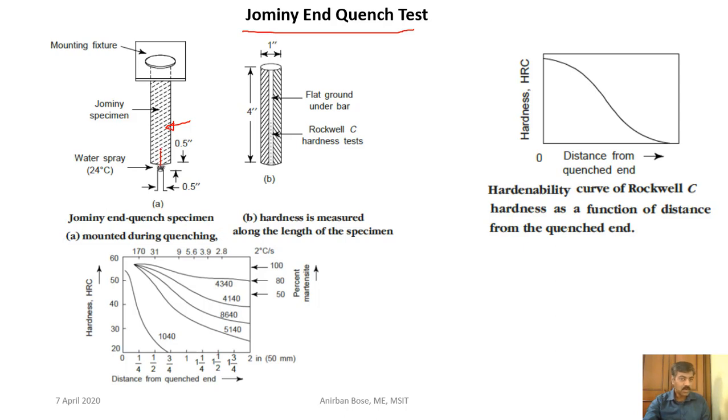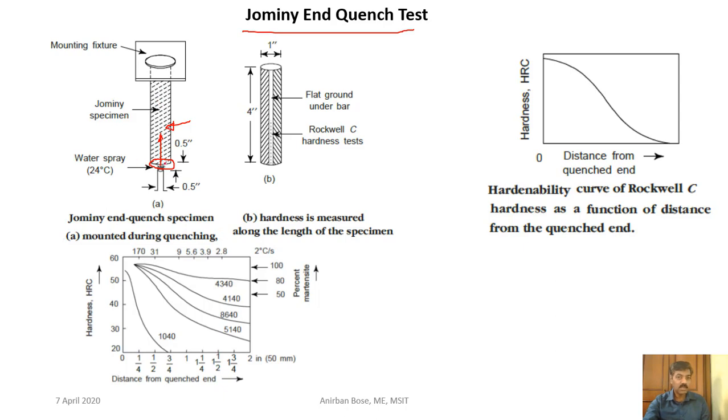As you move along the axis towards this direction, definitely the cooling rate is smaller. Here at this region the cooling rate is maximum, and as you go along the axis, the cooling rate will be slower, so hardness will be less, because this portion probably will be martensite. Gradually it will no longer be martensite, so hardness will gradually reduce.